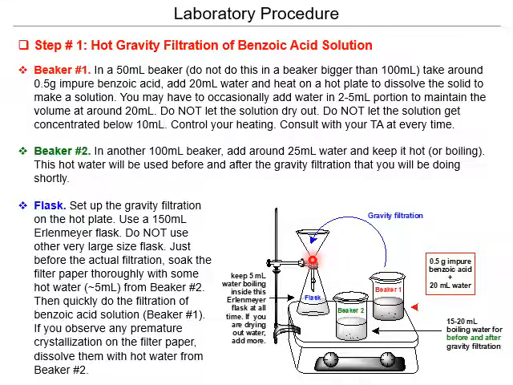If you observe some premature crystallization on the filter paper, you can dissolve it by using hot water from beaker number 2. So here, you did the first step of the experiment.